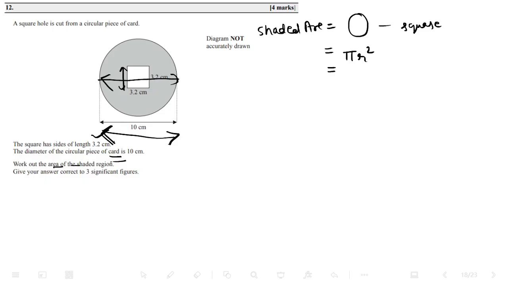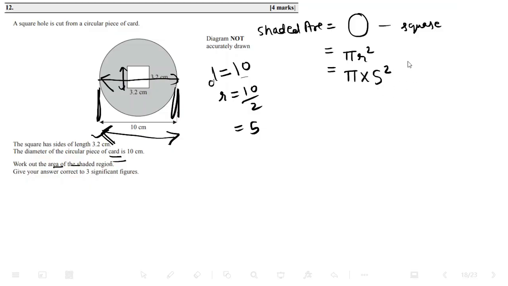So if we know this diameter, they have also drawn these lines. The diameter they have already given as 10. So radius is equal to 10 divided by 2, so it is 5, right? So pi times r square, and then the square is 3.2 square.